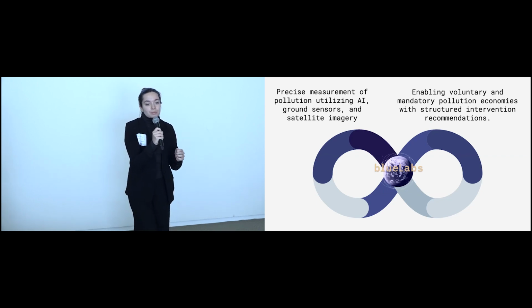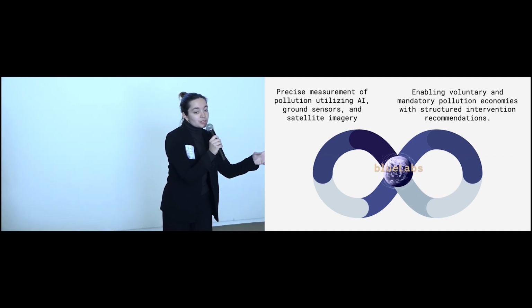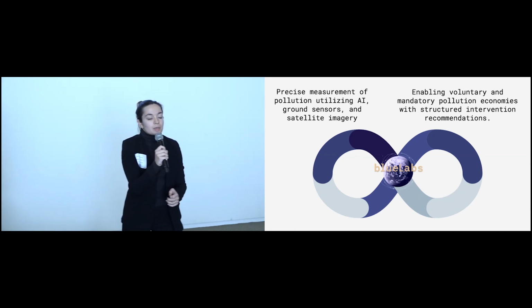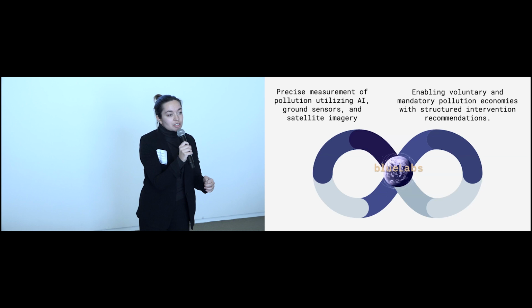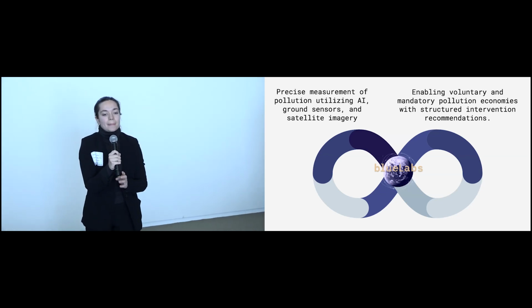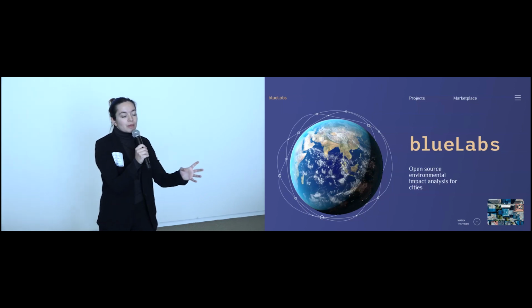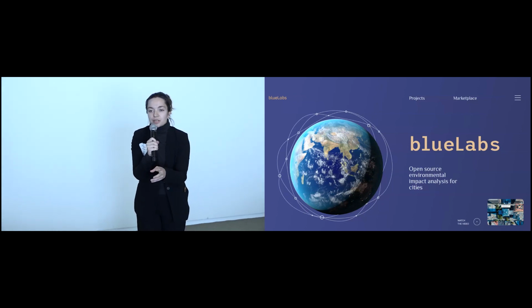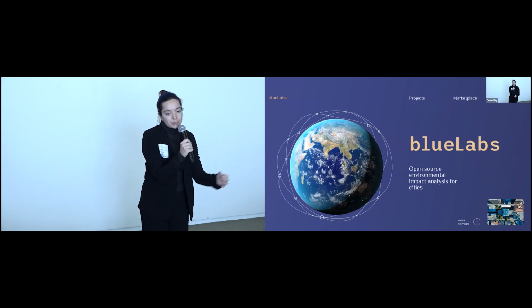And phase two of this approach is that we're enabling both a voluntary and a mandatory pollution economy to use this data to be able to target structured interventions to actually mitigate pollution. So we are blueLabs, and we are enabling local pollution sources and their prediction to enable global pollution economies.